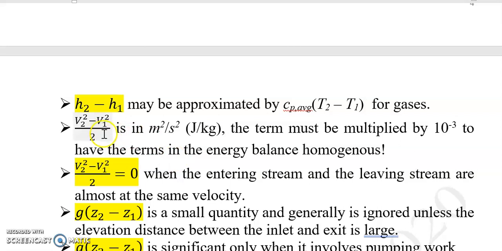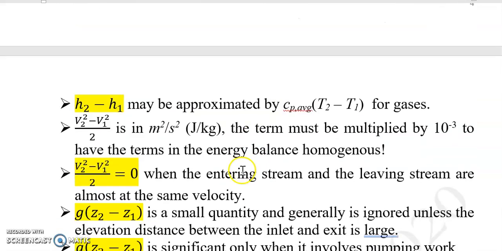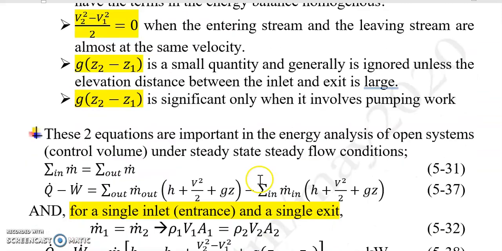And then the change of kinetic energy: remember, because the unit is in joule per kilogram overall, after you have completed this, the term must be multiplied by 10 to the power minus 3 to have the terms in the energy balance homogeneous. So check out carefully the units. For the change in potential energy, it is a small quantity and is generally ignored unless the elevation distance between the inlet and exit is large, and it's only significant when it involves pumping work.